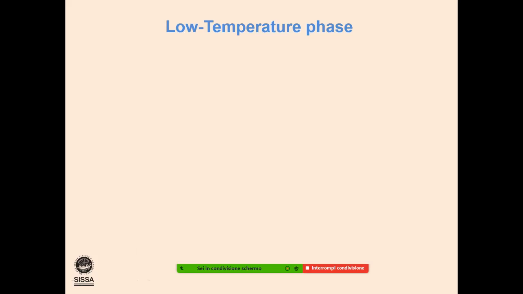Now, the new low temperature phase has some very strange features. In fact, as you have seen, in this phase G, the perturbation parameter, goes to 0, and this says that our perturbative analysis should be hopeless. But at the same time, one can also see that J goes to infinity. That means that the anomalous dimension goes to 0.